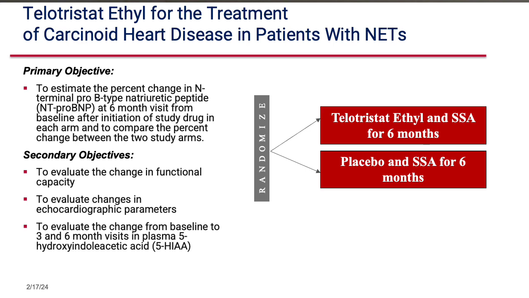As we discussed earlier, telotristat inhibits the enzyme that converts tryptophan to serotonin. So we know that it has an effect on lowering the level of 5-HIAA as well as lowering the number of bowel movements. But the studies also wanted to understand the effect on carcinoid heart disease. So there is an ongoing study.